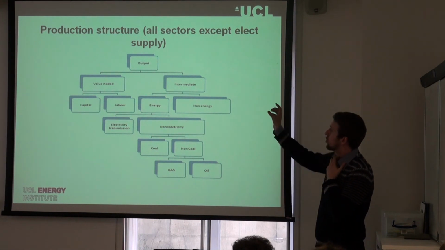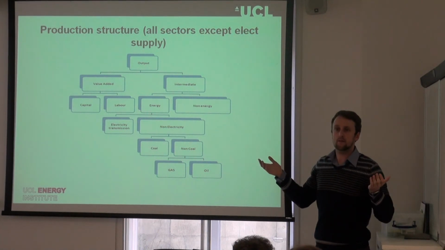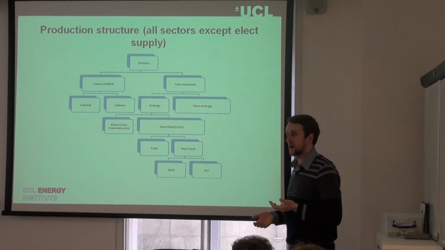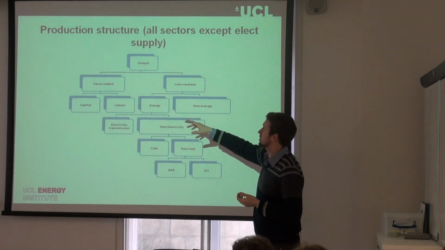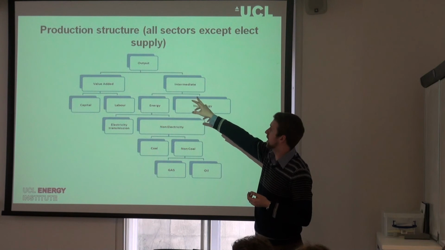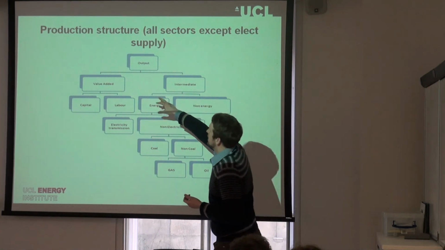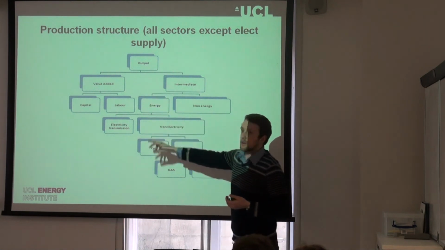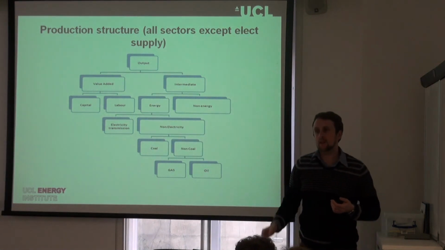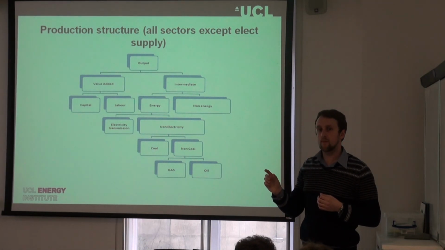So you have the output of each individual sector, say, going back to agriculture. The output of agriculture is determined by a combination of intermediate inputs and value added. And there's a constant elasticity of substitution parameter, which you state within the model, which allows substitution between those 2 inputs.